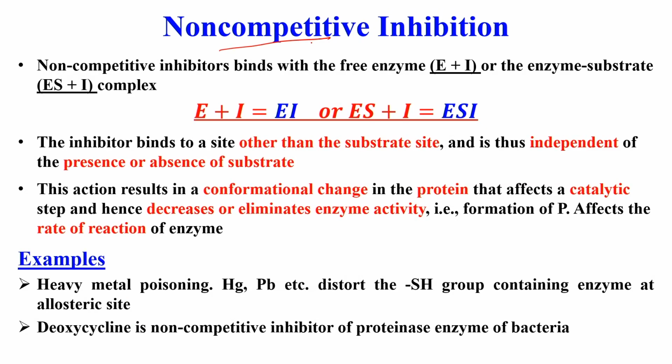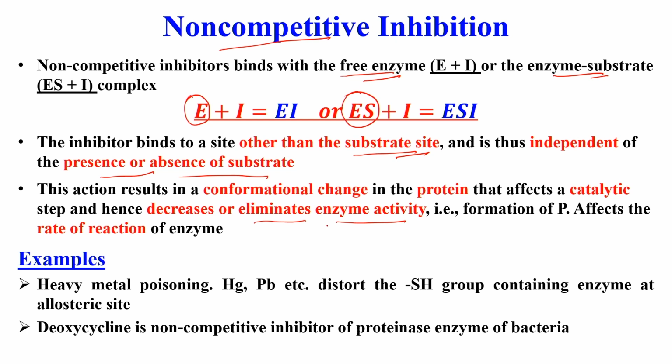Next, we are discussing non-competitive inhibition. Non-competitive inhibitors bind with the free enzyme or the enzyme substrate complex. It can target the enzyme, and it can target the enzyme substrate complex. The inhibitors bind to a site other than the substrate active site, and thus act independent of the presence or absence of substrate during the reaction. This action results in a conformational change in the protein that affects the catalytic step, and hence decreases or eliminates enzyme activity.